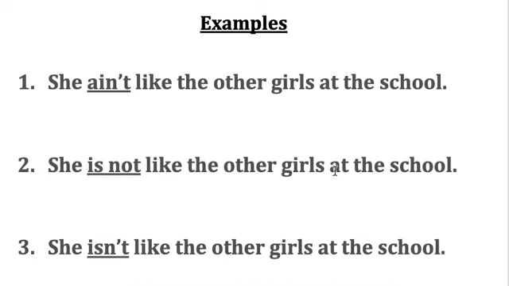She is not like the other girls at the school. So here ain't is the short form of the verb is not. Now here, she isn't like the other girls at the school. So do you see, the form of ain't is basically is not in this case.